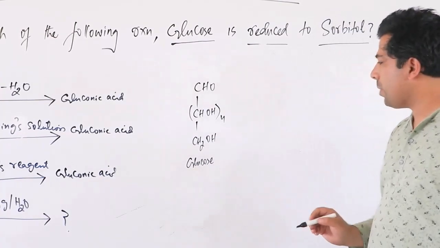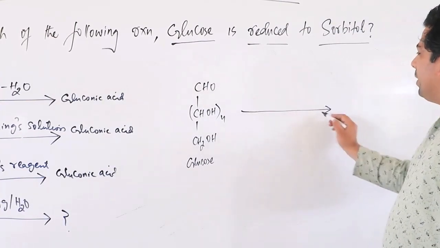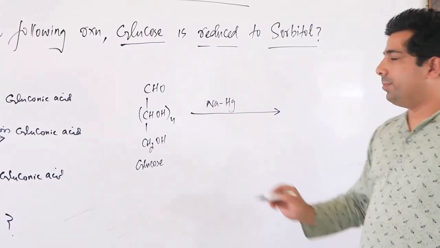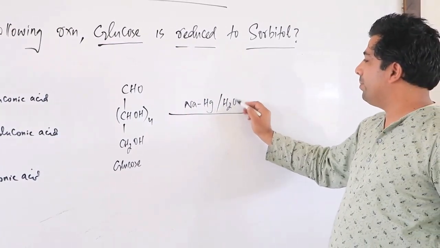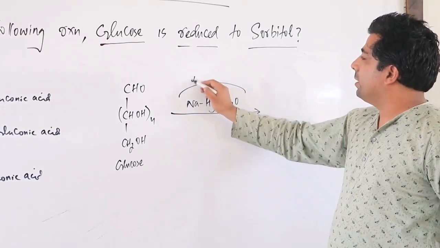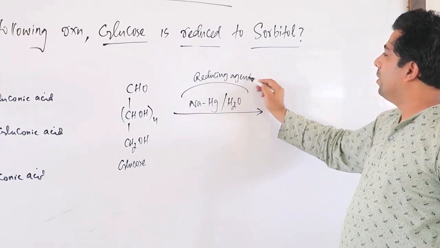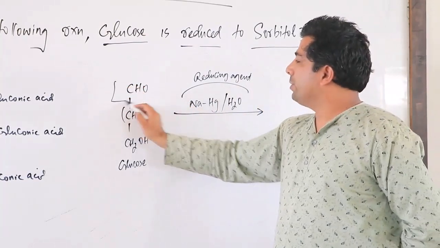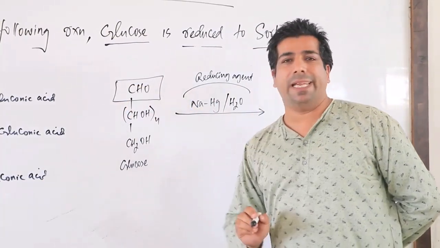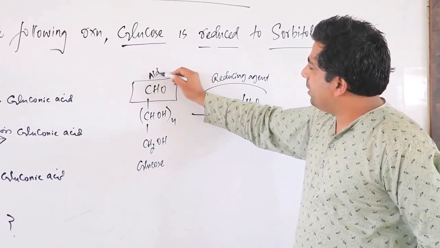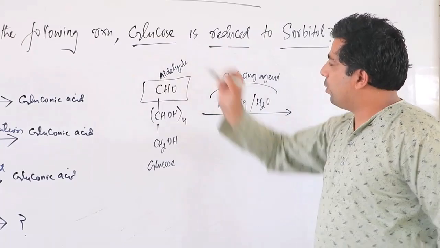Now we have a reducing agent here, sodium amalgam. Sodium amalgam is basically a reducing agent here. What happens? It will reduce this CHO group. Aldehyde group will be reduced to alcoholic group.